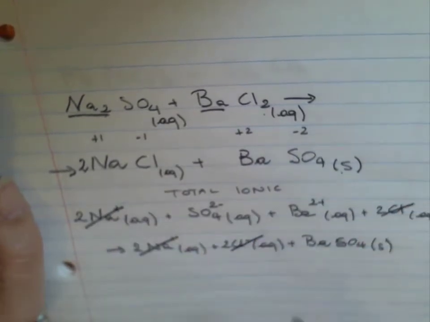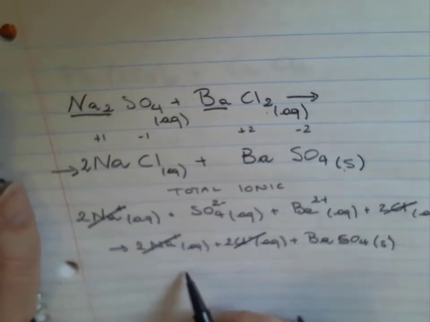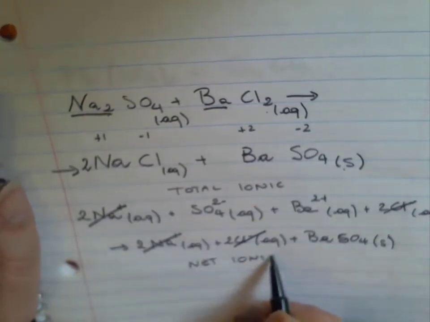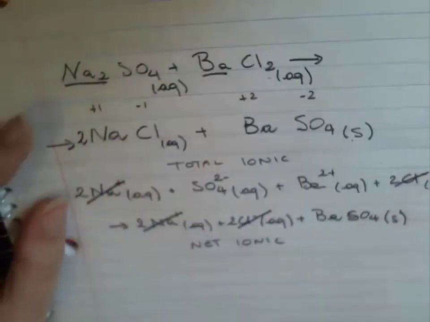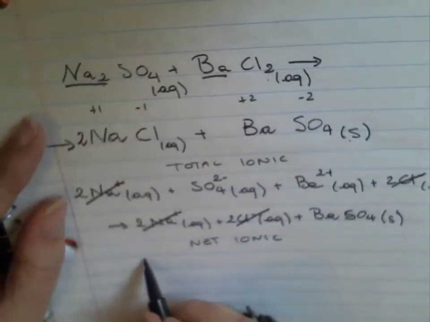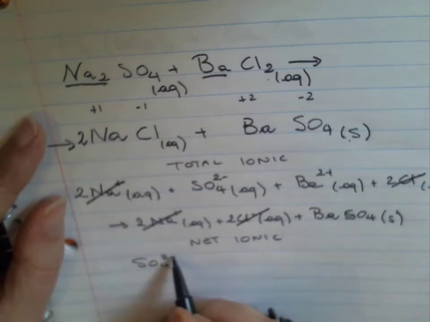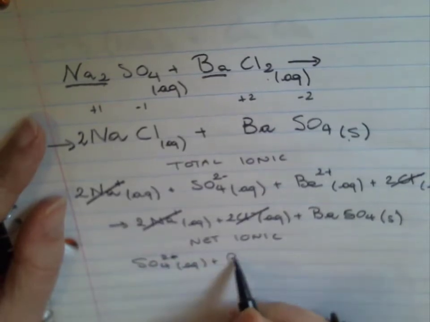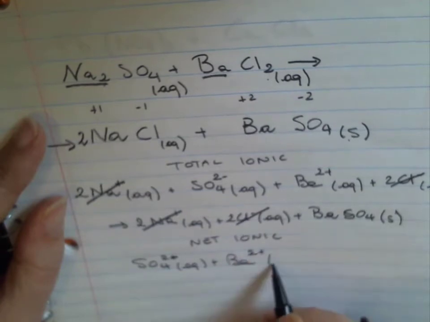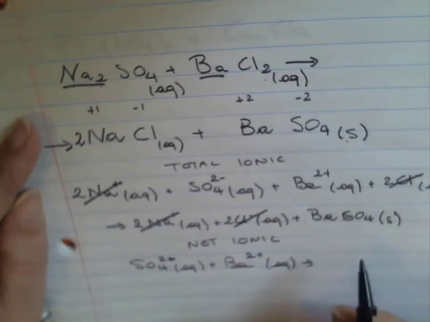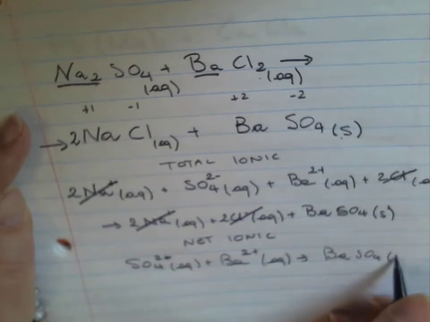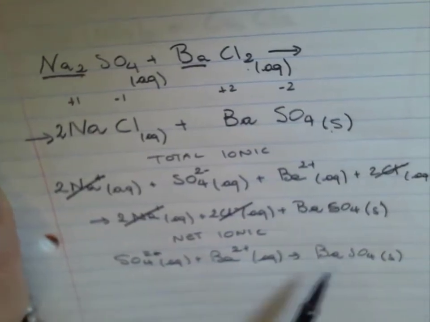And we are left with an equation which is called the net ionic equation, and we can write it as what is left over, SO4 2 minus. So that is the net ionic equation.